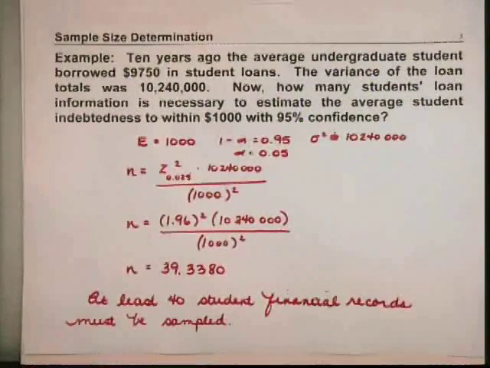Make sense? If you rounded down to 39, you don't achieve 95% confidence. So you know you'll get at least 95% if you round up. So that's why we always round up.